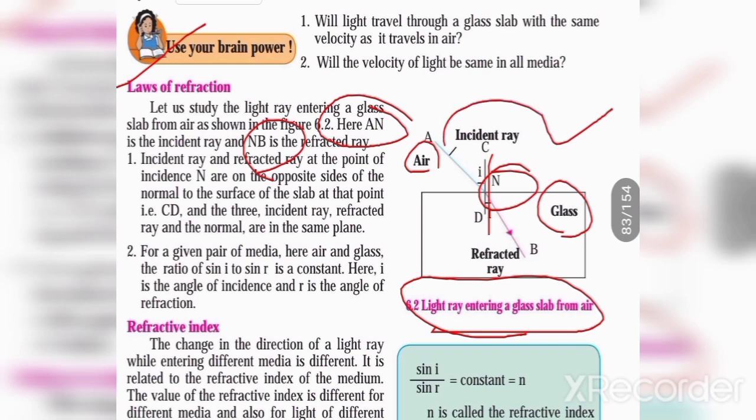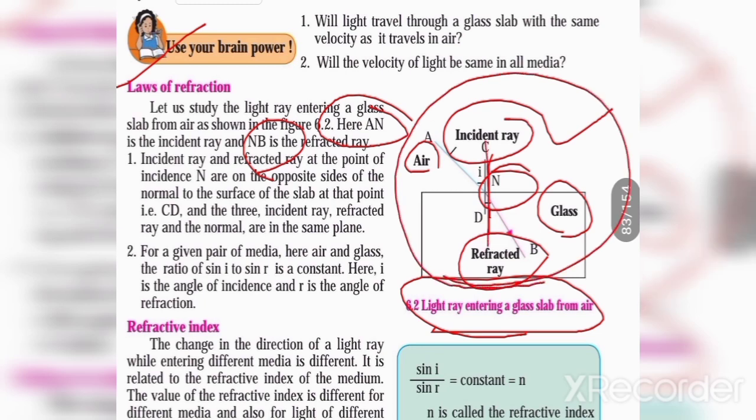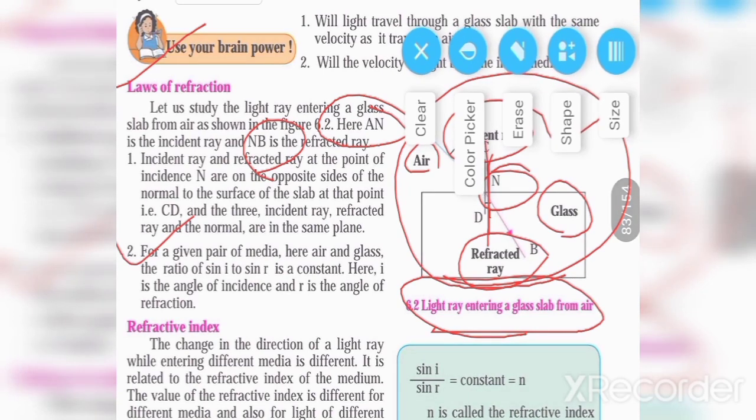And the second important law: for a given pair of media, here air and glass, the ratio of sin i to sin r is constant. Here i is the angle of incidence and r is the angle of refraction. Those are the laws of refraction of light.